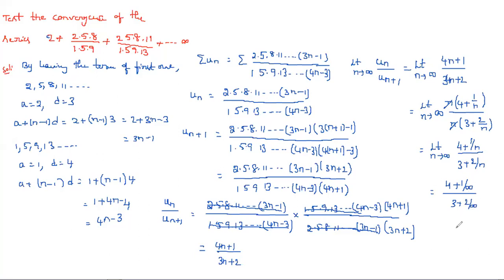So that is nothing but simply 4 by 3, which is greater than 1. So by the ratio test, what we can say is that summation u_n is convergent. Why? Because the limit value is greater than 1.